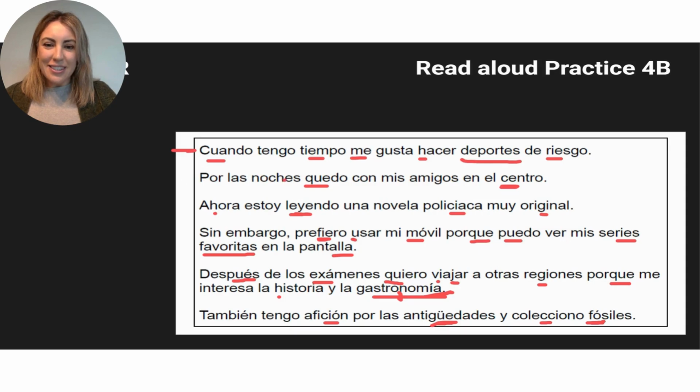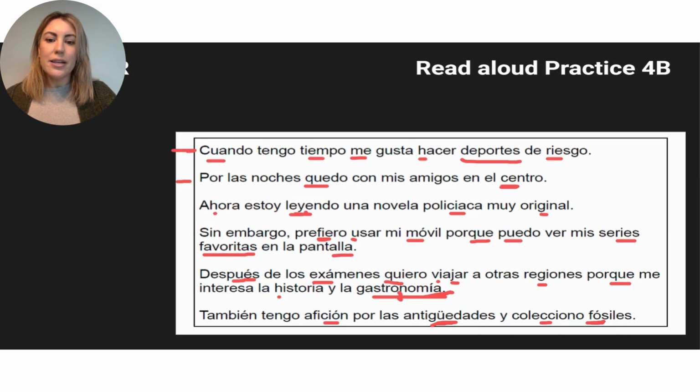Por las noches, quedo con mis amigos en el centro. Nice and easy. You could also say en el centro if you have chosen to pronounce letters C, E, or CI as a S sound, but then make sure that you are consistent and you always do the same. Right, so at night I like to meet my friends in the center.